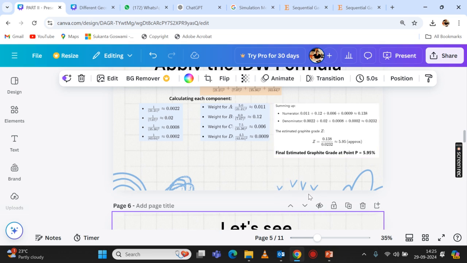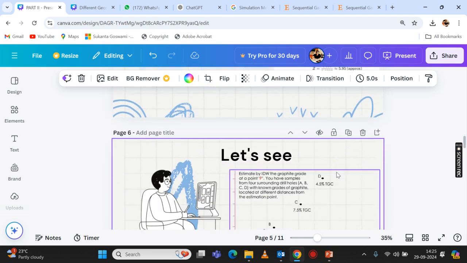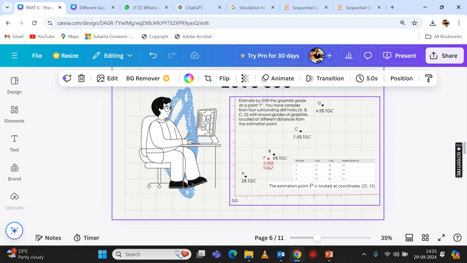So in this way, by using IDW, we can easily estimate the grade at unknown points based on known points surrounding the unknown point. See, here it is 5%, here it is 6%. Since P is situated very close to point B, weightage of B will be given more to P. So it is 5.95, which is very close to 6%.